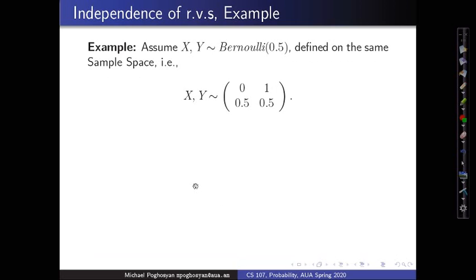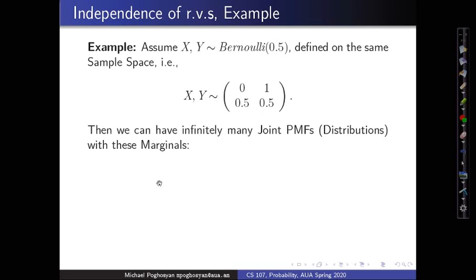Let me give an example. Say, assume that x and y are identically distributed Bernoulli 0.5 random variables defined on the same sample space. That is, x and y are taking values 0 and 1 with probability 0.5, 0.5.